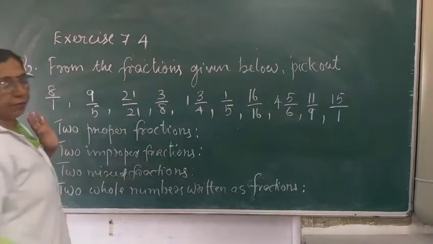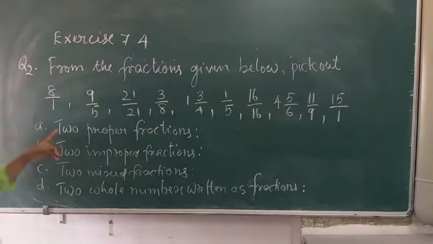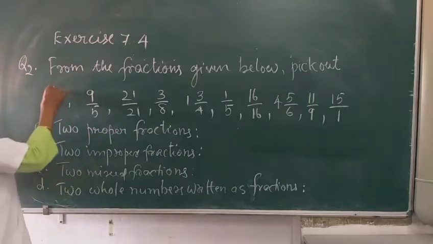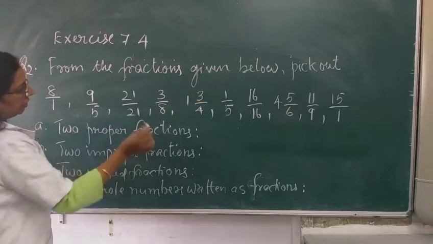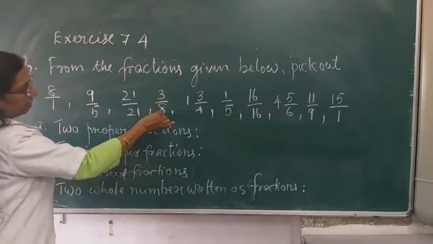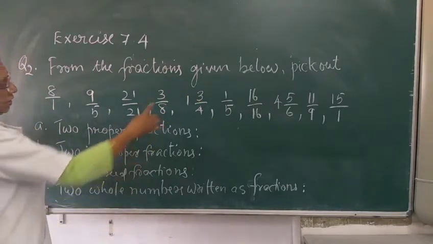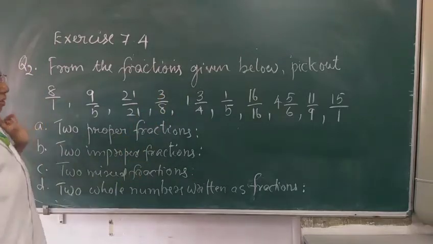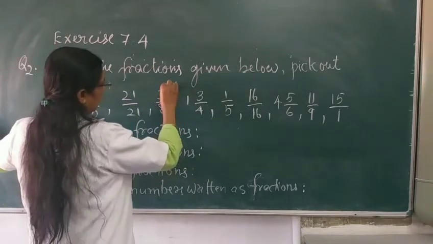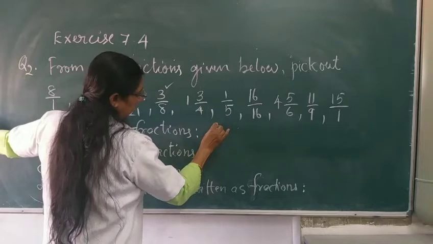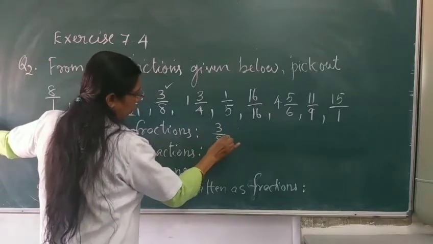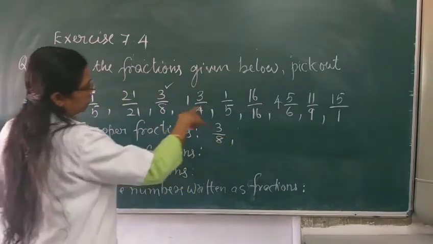These are the given fractions. So let us pick out 2 proper fractions. Yes, 3 by 8 is a proper fraction. Here the numerator is smaller than the denominator. So let us take the first one as 3 by 8. Now find out one more.